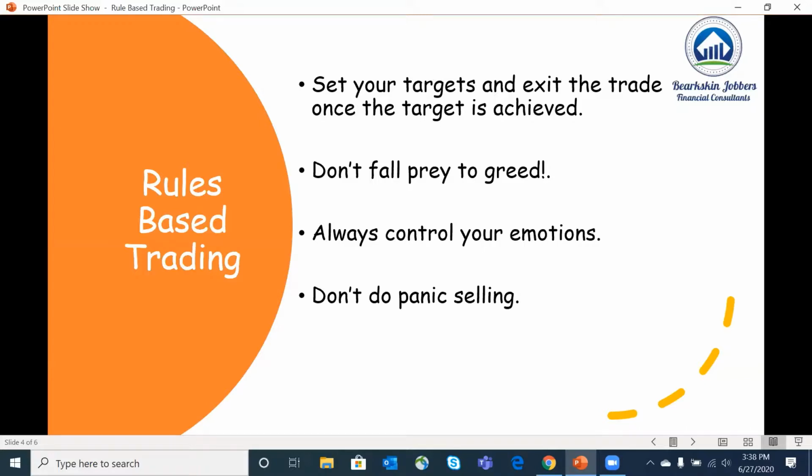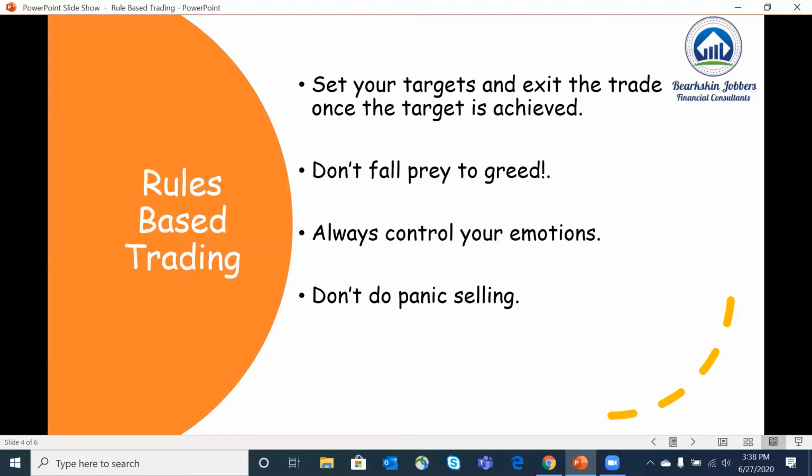But if you fail to see the technical analysis of that chart, how it is behaving on that day, and from $18, if you enter, it's not a problem to enter in that stock, but then you have to be very disciplined and set your stop loss. From $18, when it started falling down, it fell drastically to 12, and then went up again to 15, 16, and then again fell down. So that was a dead cat bounce. I will discuss what the dead cat bounce is. So it happens. So you need to identify your targets.